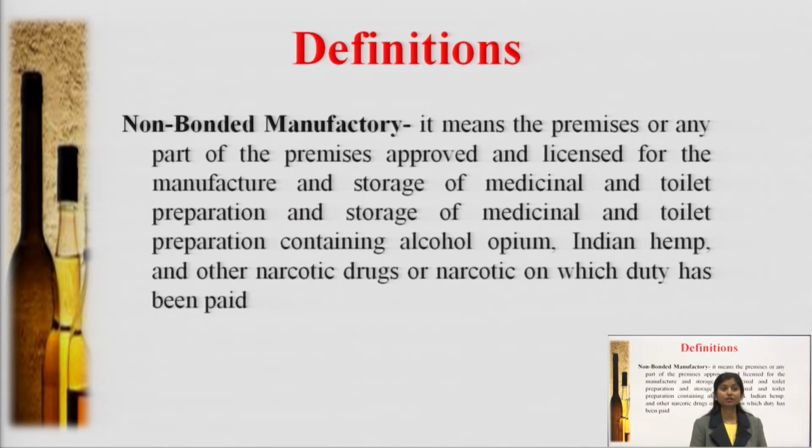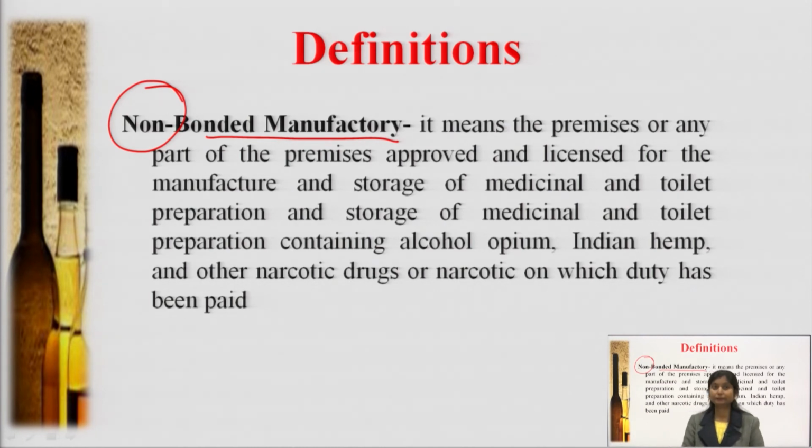Now, coming to another word, that is non-bonded manufactory, that is the complementary of bonded manufactory. We have just now seen bonded manufactory. Now, the complement of that is non-bonded manufactory. Non-bonded manufactory क्या होता है?